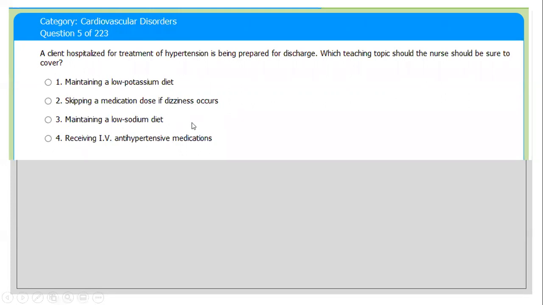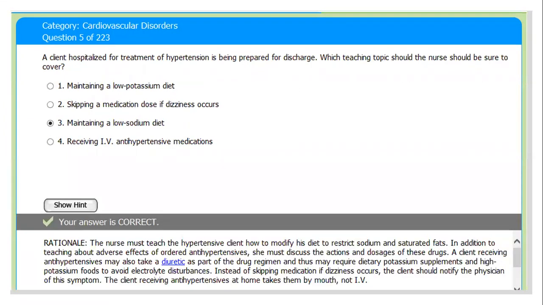So if students have common sense, they should answer this question, right? For hypertensive patients, what you teach them includes number three, maintaining a low sodium diet. So if your patient has high blood pressure, definitely our target is to lower the blood pressure, right? Keep it in mind.